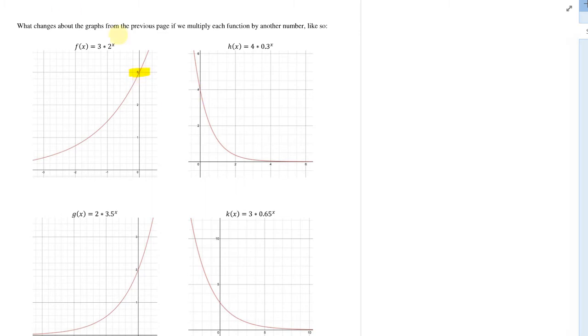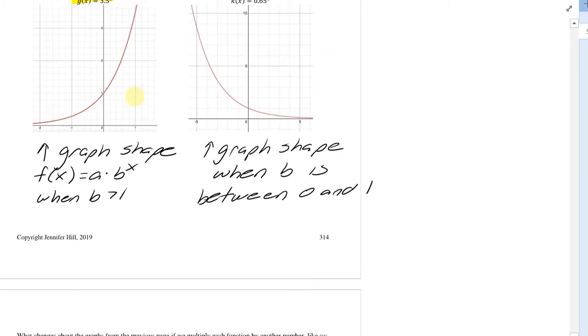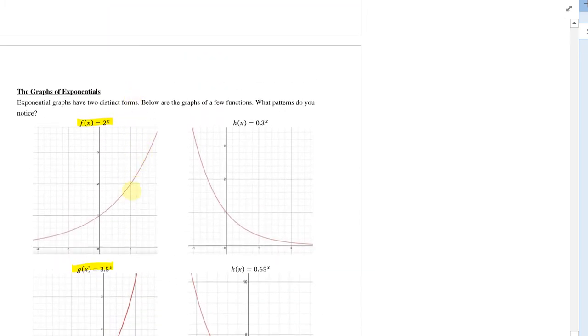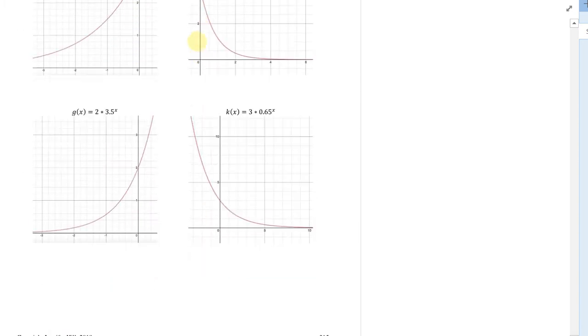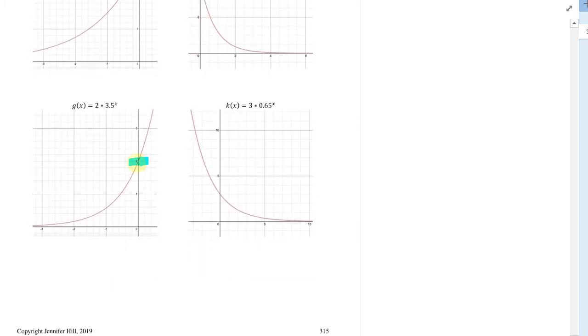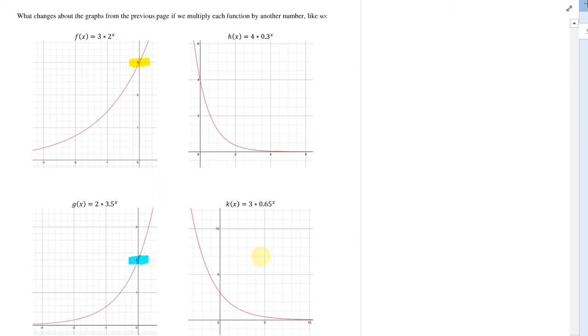Notice this now is intersecting 3, and before it was intersecting 1. Here on this graph, before I multiplied it by anything, it was intersecting 1. Then after I multiplied it by 2, now it's intersecting 2. So it's kind of stretching the graph in some ways, and it also changes where the graph will intersect the y-axis.